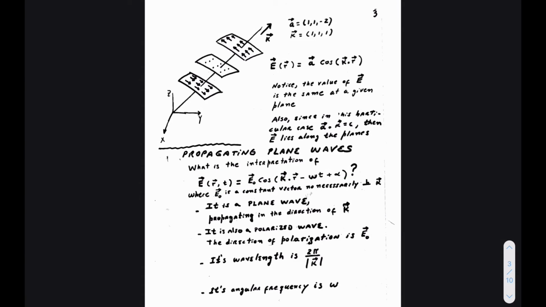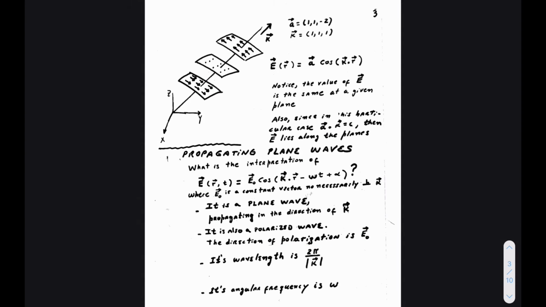This is what we call a propagating plane wave. The direction of propagation of this plane wave is the direction of the vector k. Here, the electric field will be parallel to this E0 vector, so we can call it a polarized wave, where the direction of polarization is this E0 vector.